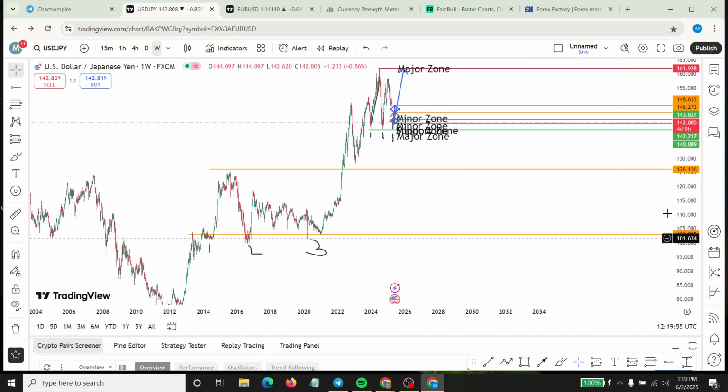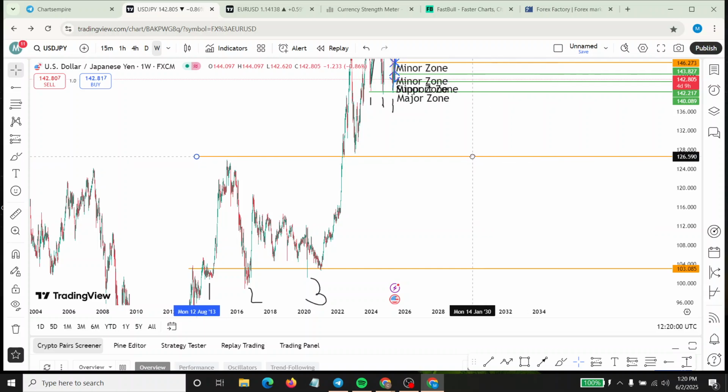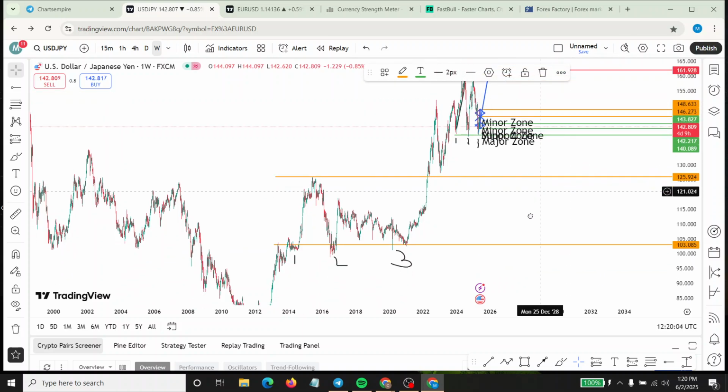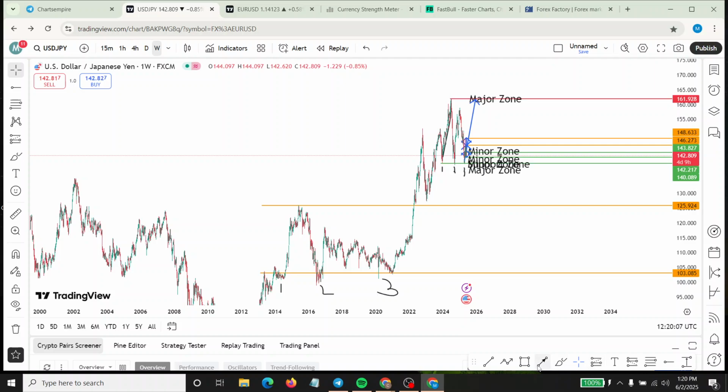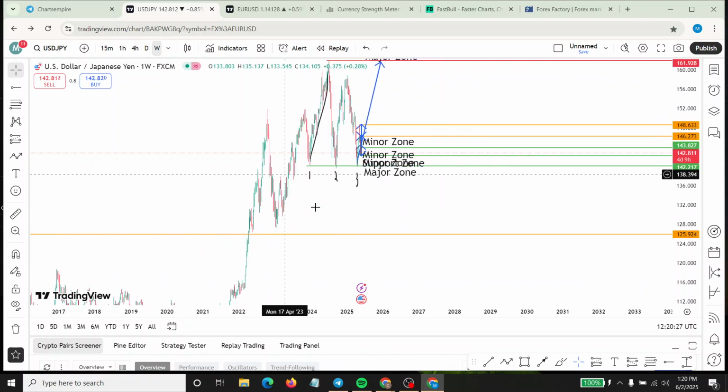And when the market broke out from that zone, it came back to give us a pullback, a retest, and continue its upward direction. That gives us this overall major resistance zone.